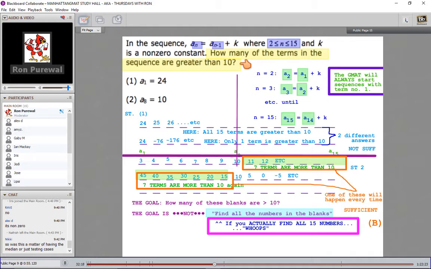What you don't want to do with this is start trying to memorize some incredibly specific rule for this. I mean, you probably could make some sort of rule where it's like if I have an odd number of terms and I'm given the median, then I know exactly how many are more or less than the median.